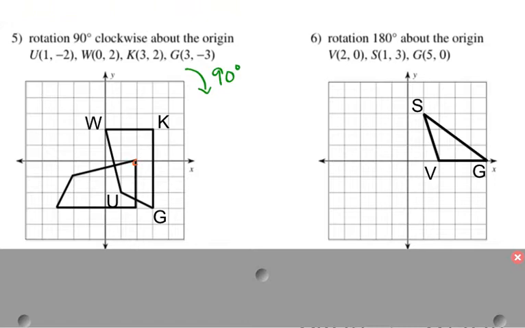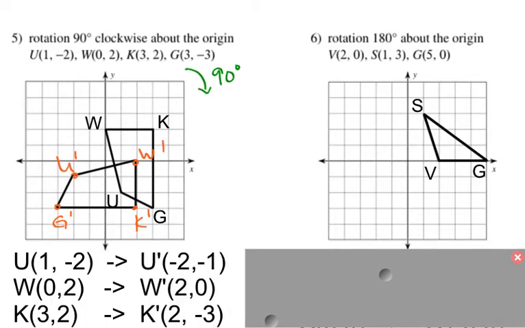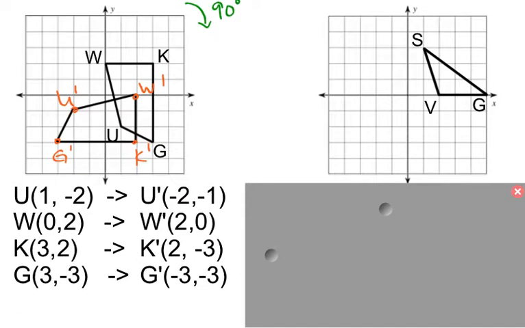In the interest of time, I'm going to go ahead and just label these, because on this one we're going to discuss where the coordinate rules come into play. So this first one, if I rotate 90 degrees clockwise, let's see what happens.